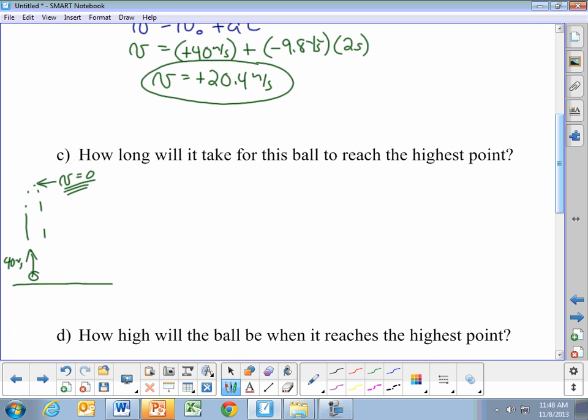So at that maximum height, the velocity is 0. The initial height is 0 meters. The initial velocity is positive 40 meters per second. The acceleration is negative 9.8 meters per second squared.